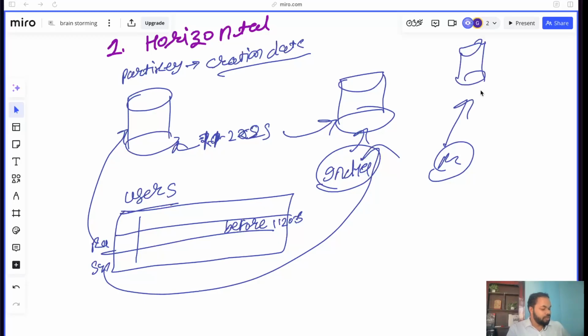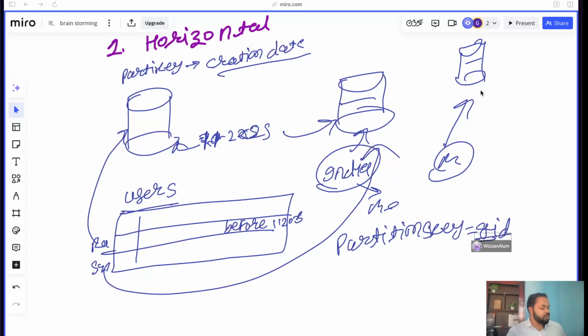And what is the problem with it, by the way? An interesting problem is that if you are dividing the data based on a partition key and you don't choose it wisely, say they chose geography, so the partition key is geographical ID, GID, geo ID.